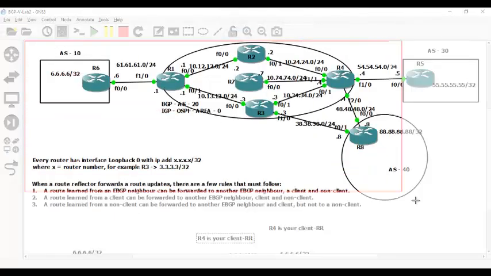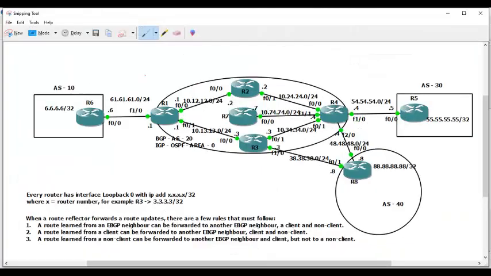I have a network here called 6.6.6.6 advertised to router 1. And router 1 and router 6 have got an EBGP relationship, whereas router 1 and 2 have got an IBGP relationship.